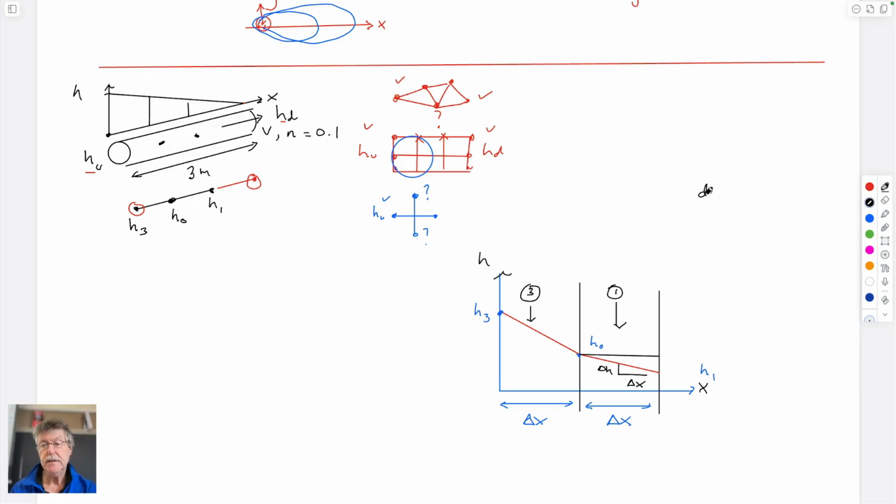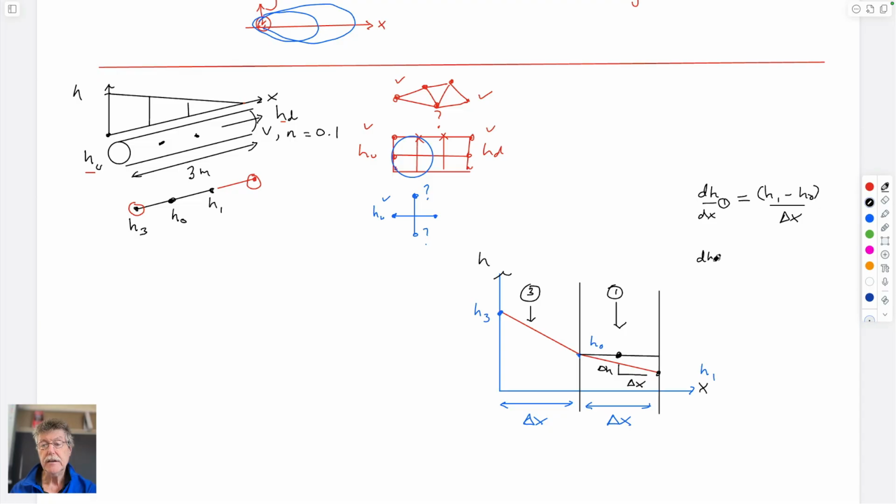So if we calculate dH dx for one circle, it is equal to H1 minus H0 over delta x. Convention is to take the one further away in the positive x direction and subtract it from the one that's closest. In this particular case, this is a negative gradient. That would represent the gradient at this particular point. It just happens it's the same over that whole interval, but we're making it represent this individual point.